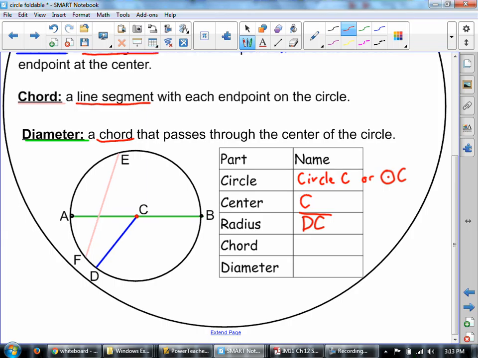A chord has both endpoints on the circle. So in this case, we could use line segment EF as one of our chords. And lastly, a diameter. A diameter is a chord that goes through the center of the circle, and in this case, we are looking at segment AB.